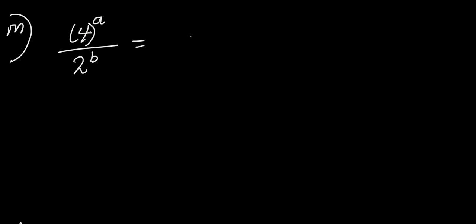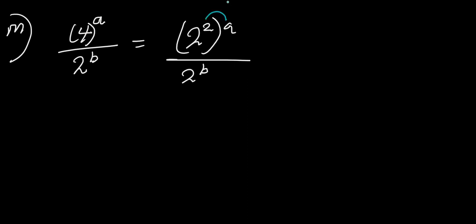So this will become 2 exponent 2 in parentheses exponent A over 2 exponent B. So now we are going to use these two to multiply this A, and that's going to give us 2 exponent 2 times A is 2A, exponent 2A over 2 exponent B. Remember, this is division, so we have to subtract the exponent of the denominator from the exponent of the numerator.